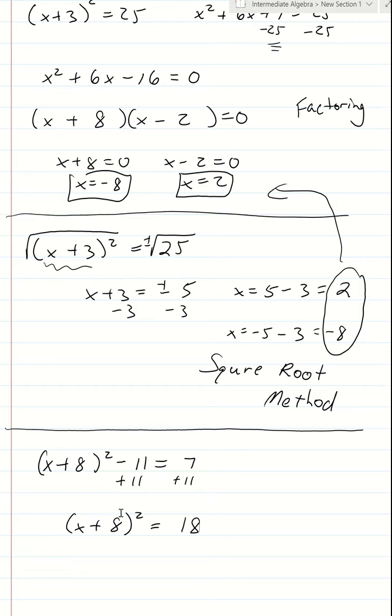And so now, since I have a squared quantity equaling a number, I'm going to use this square root method, in which case I'm going to take the square root of the left side, plus or minus the square root of the right.